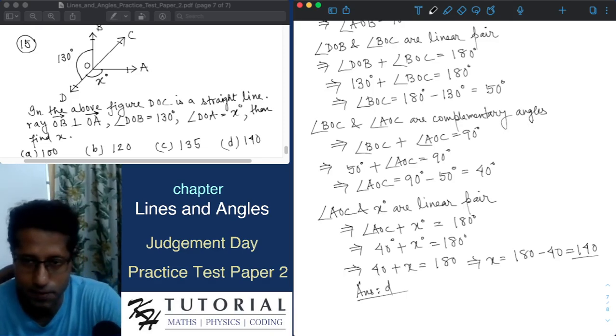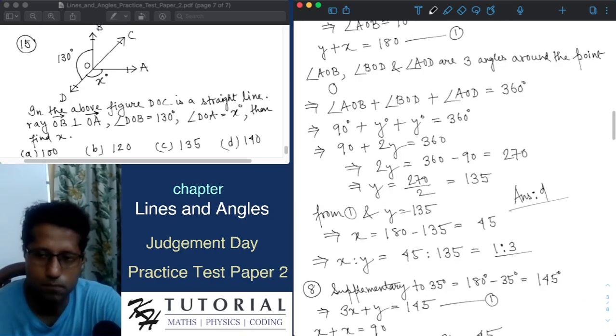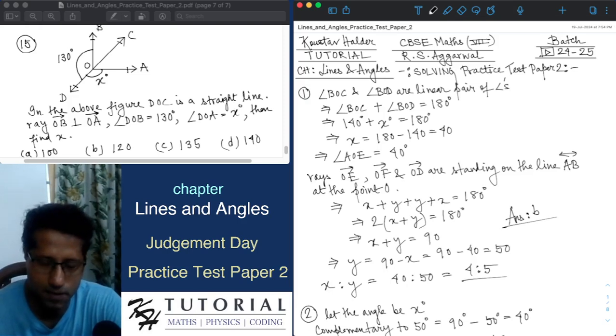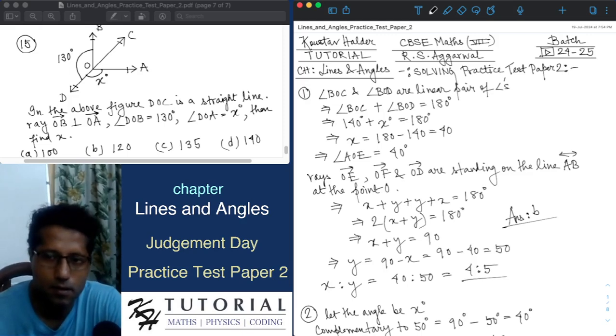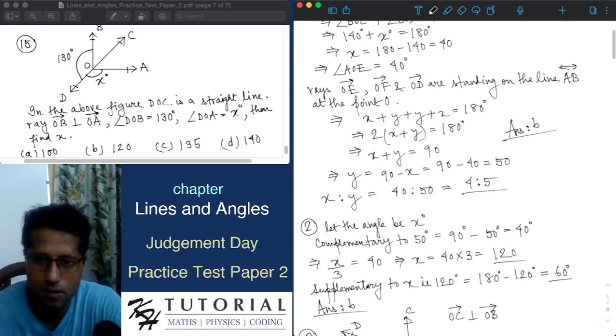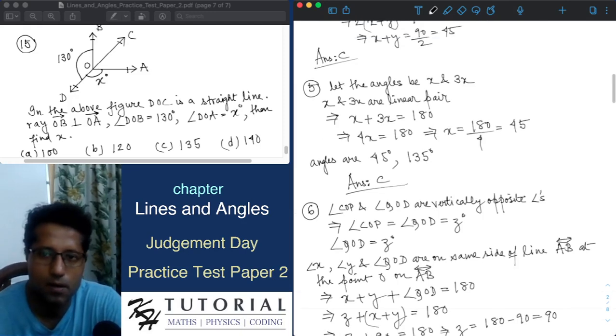Okay. So this brings to an end of solving practice test paper 2. Since I am making two practice test papers for all the chapters, I thought that I should maintain that and also prepare another test paper on the chapter lines and angles. So I prepared this test paper number 2 and solved it.